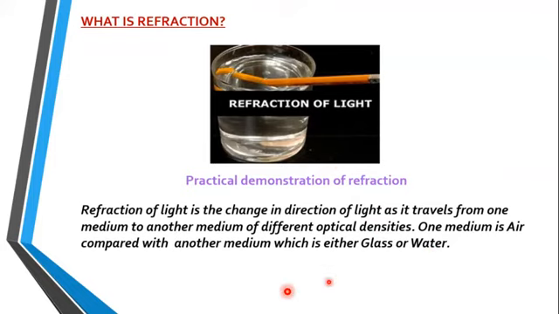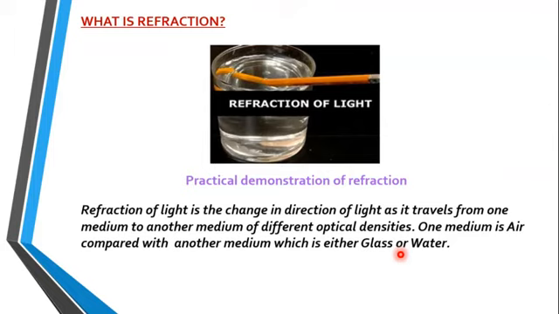So we're saying that one of the media is usually air, which is less dense, and the other medium, which the light enters or from which the light is produced, is either glass or water. Glass or water have greater density than that of air.